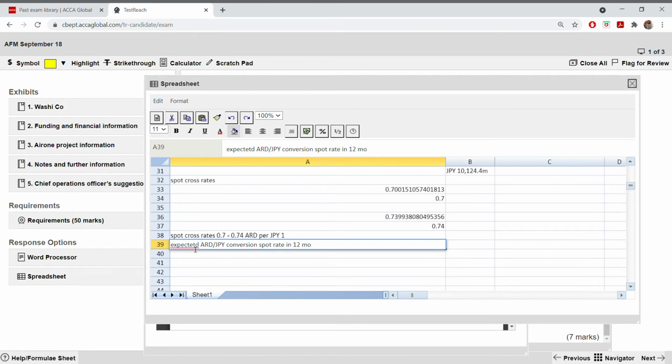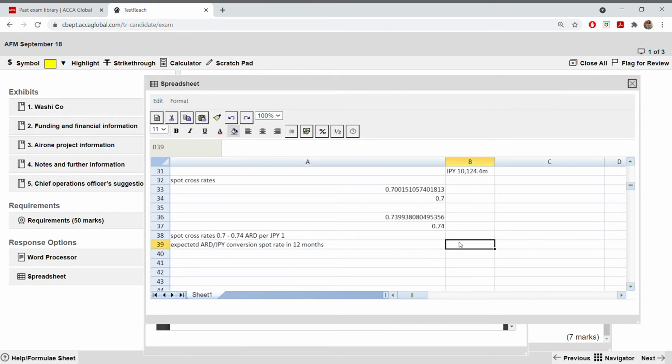Please write the time. You need to write the time. Okay, 12 months will be equal to how much? Equal to 0.7 multiply by which rate? Because we are selling, okay, we have been using which rate? You have to understand which rate are we using, by the way. 0.7 or 0.74, that is also a thing to ask.